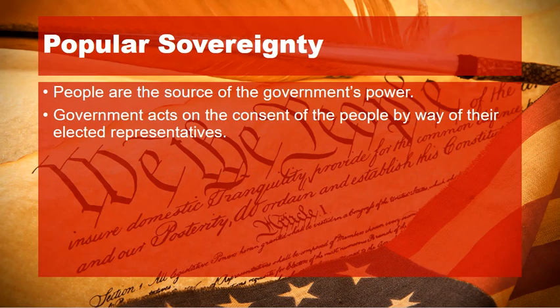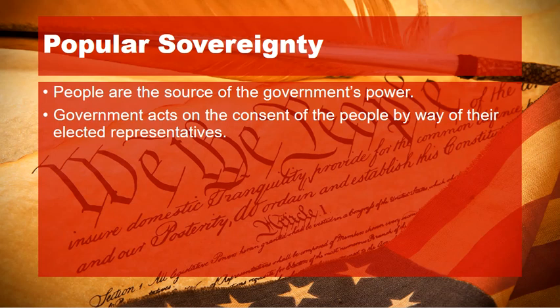And then we have popular sovereignty, that the people are the source of the government's power. The government acts on the consent of the people by their elected representatives. If people do not care for the laws being made by the government, they have the ability to vote those people out.